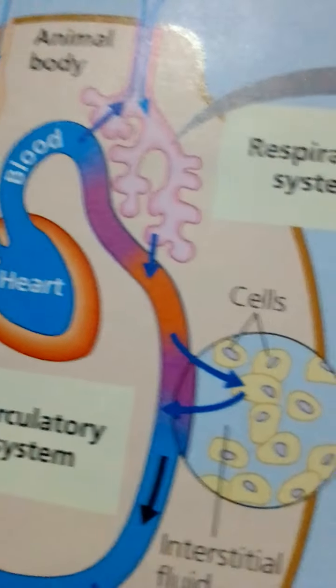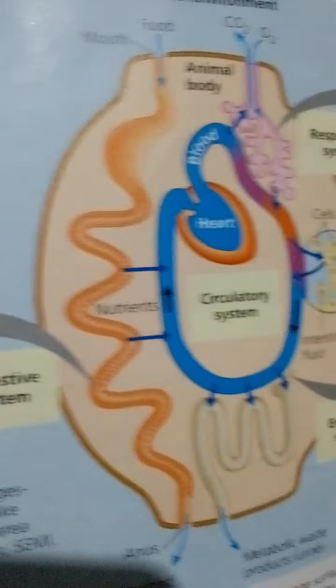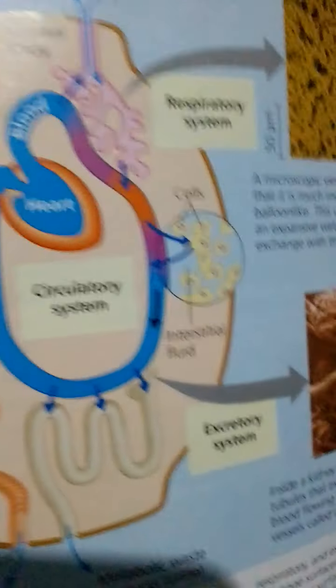For instance, a parasitic tapeworm may be several meters long, but because it is very thin, most of its cells are bathed in the intestinal fluid of the worm's vertebrate host, as shown in this figure.